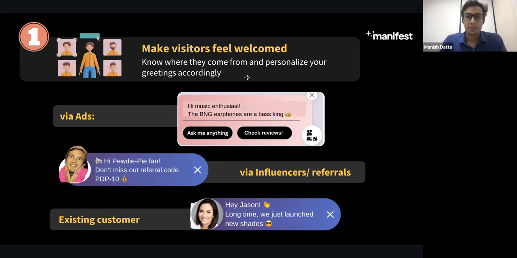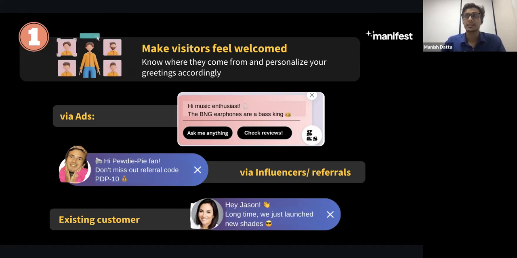So the Black Friday, Cyber Monday campaigns are coming out, and that is one avenue for brands to spend a lot, especially on ads, right? But even when a customer comes to your website from ads, what they like to see is a recall. Whenever a customer clicks on an ad, what they remember is the branding they saw, the poster they saw, the language they saw on the ad.